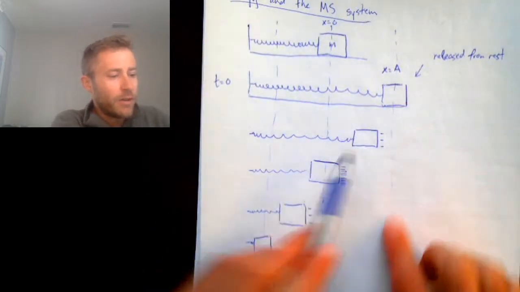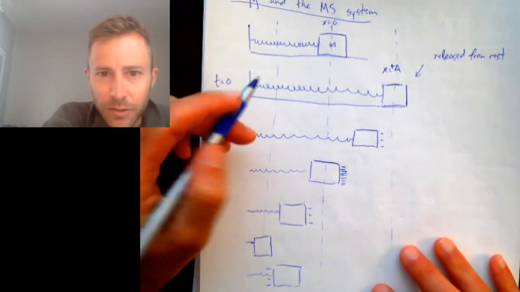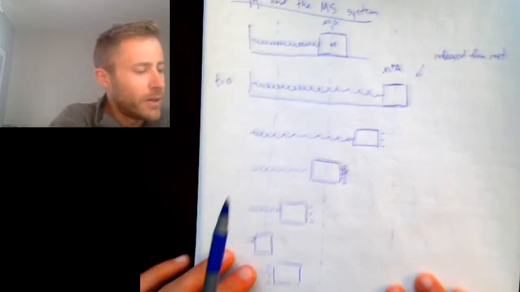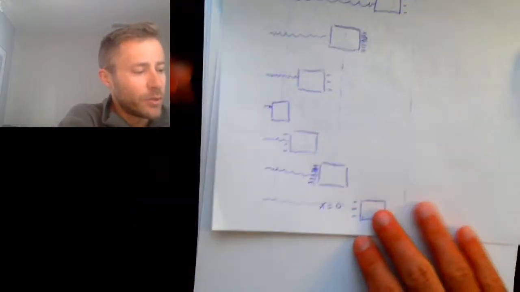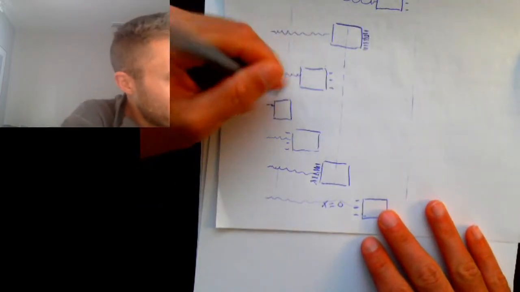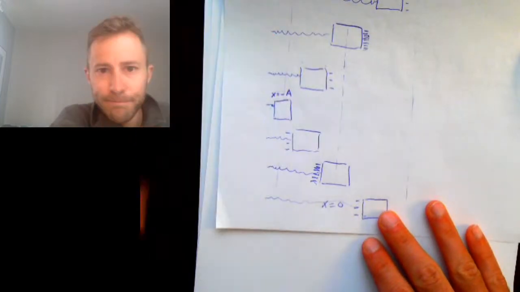I wrote x equals plus amplitude because it is to the right of x equals 0. Now over here, when the spring is at maximum compression, we're at x equals minus A.